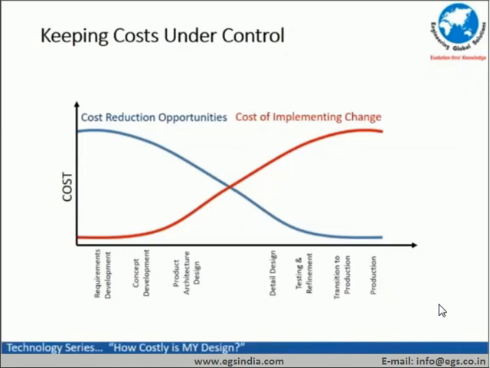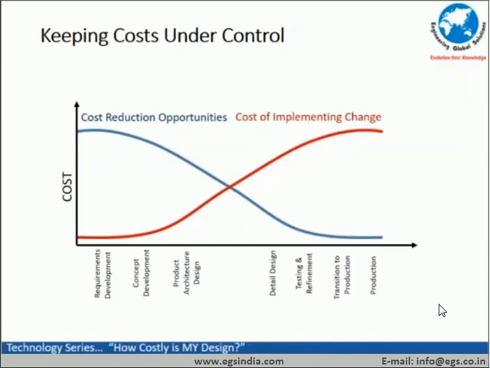However, as you sign off into a detail engineering design, followed by testing and refinement of the product with regard to the prototypes, and then transitioning it into production, and then going with mainstream production, the cost reduction opportunities come down, while the cost of implementing a change goes up.